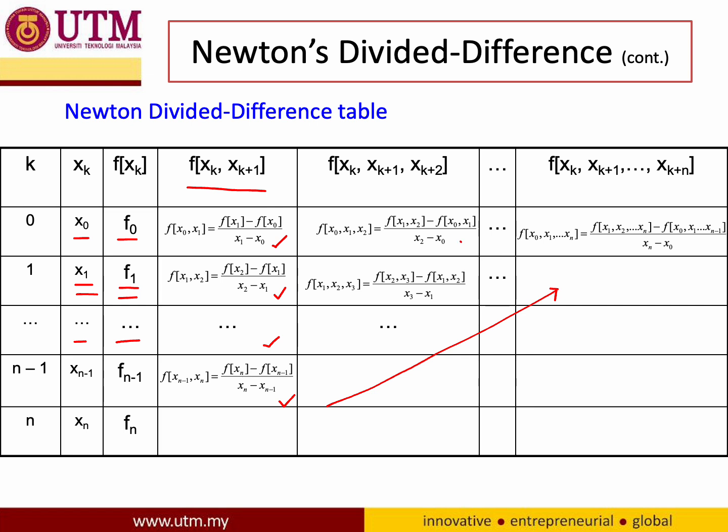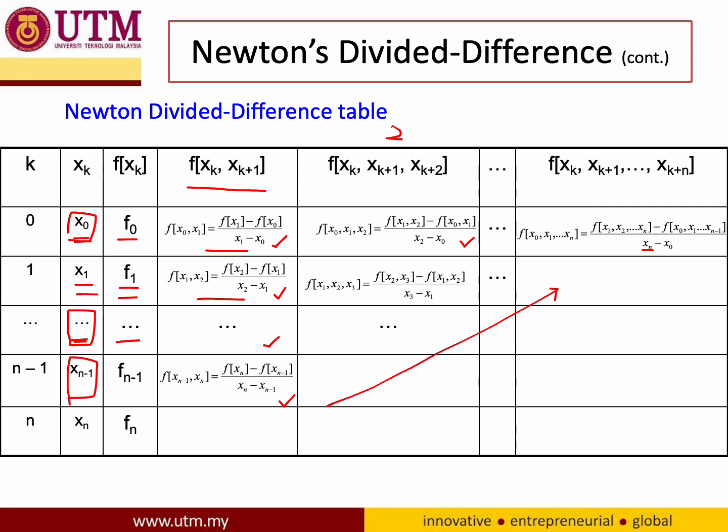For this one here, the answer for this minus the answer for this, divided by x2, which is this, minus x0. So for the second column, the second divided difference, we start at x2. Let's say this is x3, so we start at x3 minus x0.